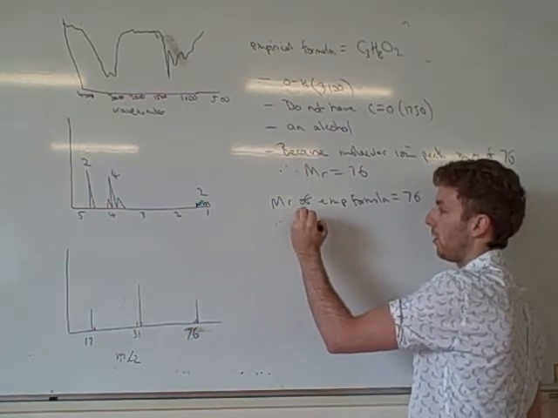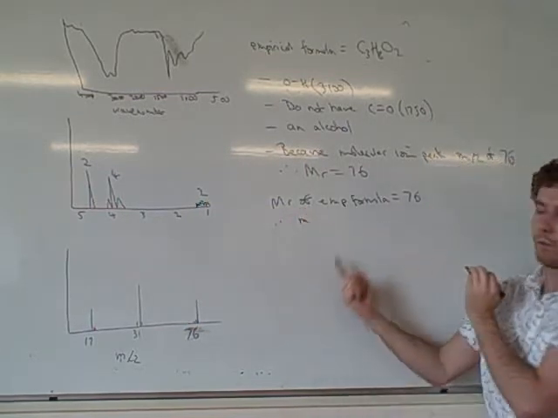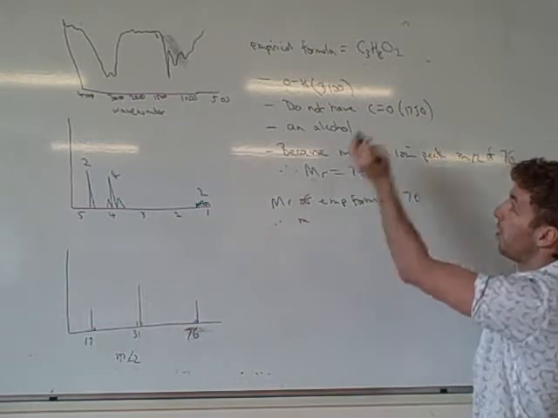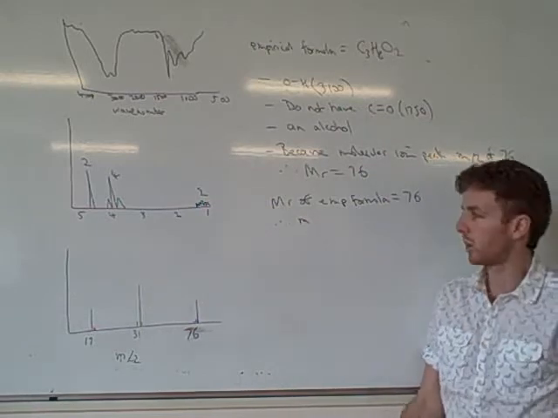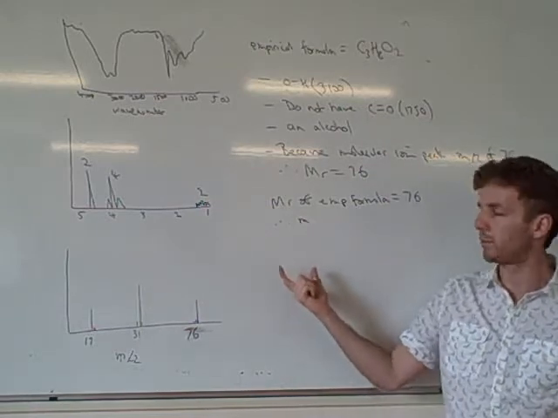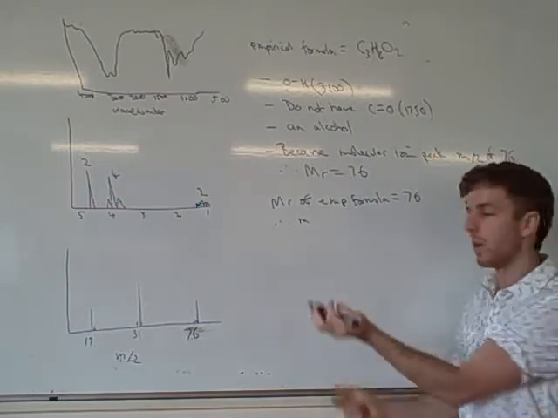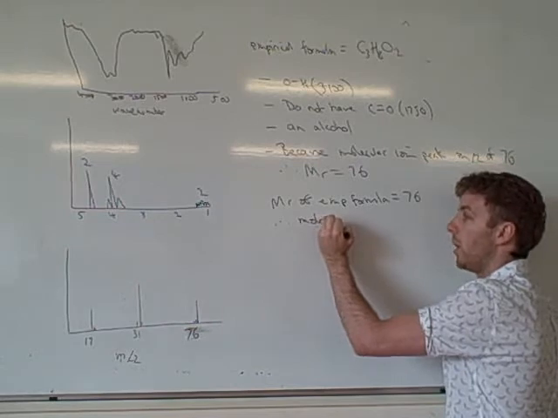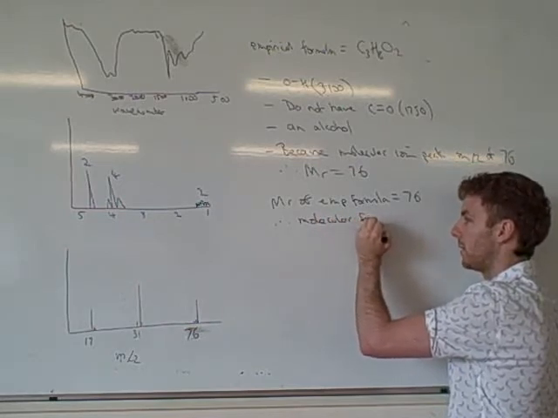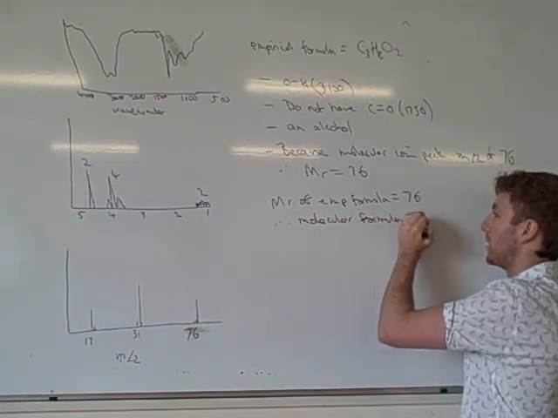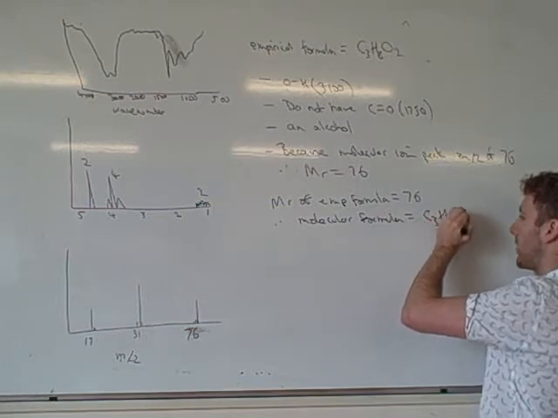So therefore, and don't just write the formula down. Don't just write therefore C3H8O2, because what is that you're talking about? Is that what you had for breakfast this morning? Is that what your name is? No, that's the molecular formula. So you need to write that. Therefore molecular formula equals C3H8O2.